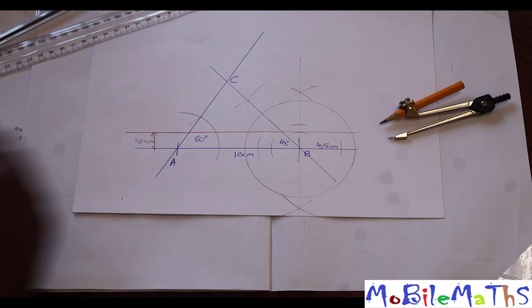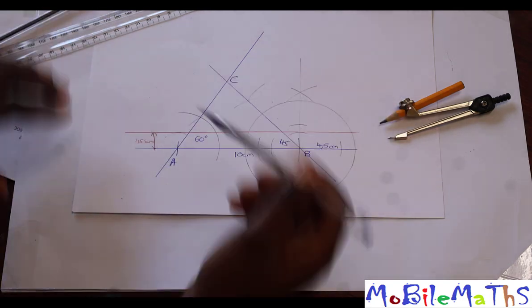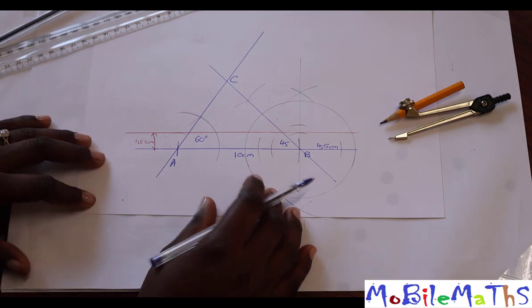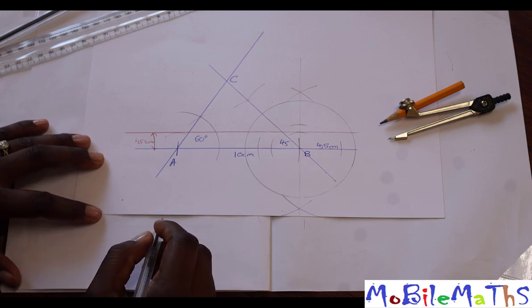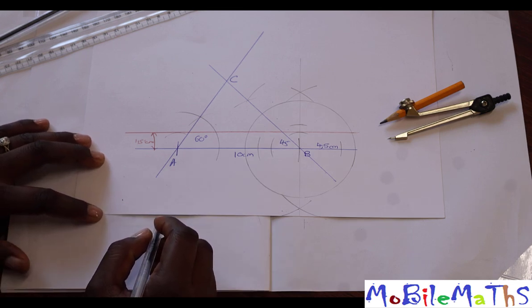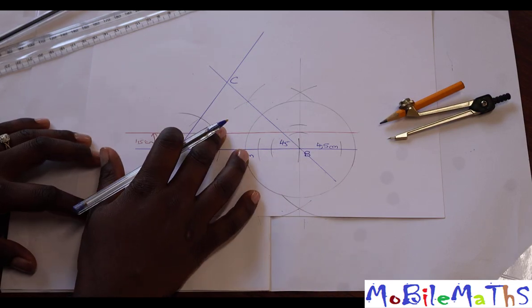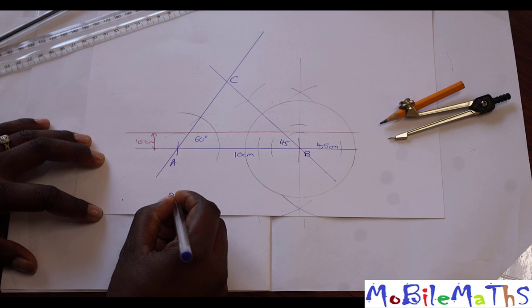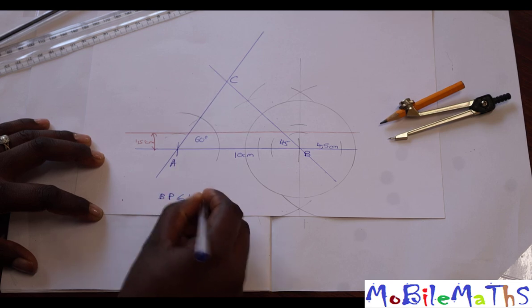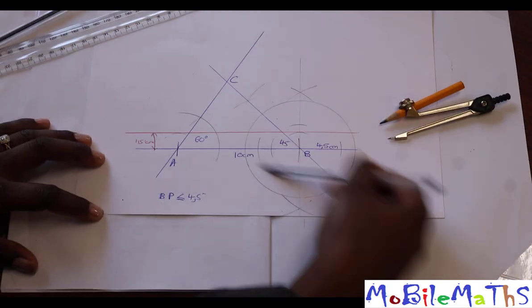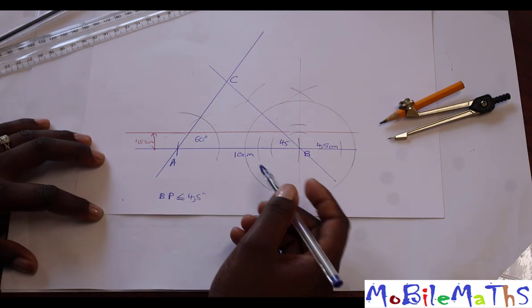Then the next question is saying, we have got point P that is going to lie inside the triangle, so it's going inside here, and such that BP is less or equal to 4.5. So it means it's less than this circle. That's the first point.